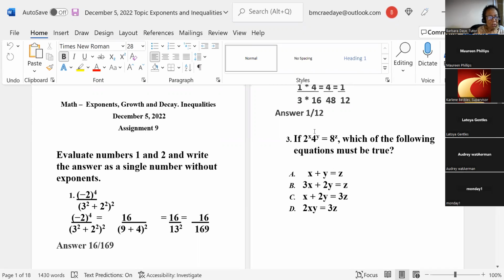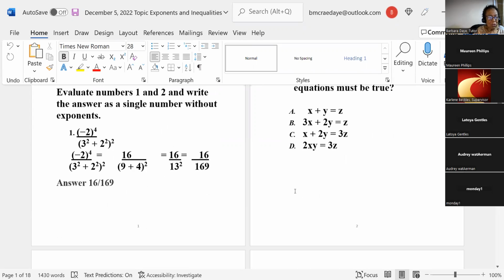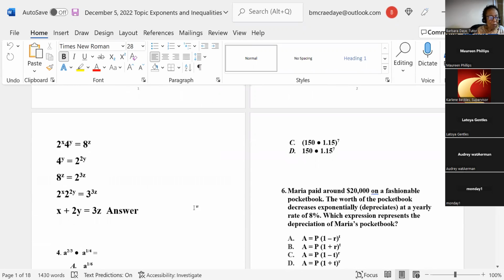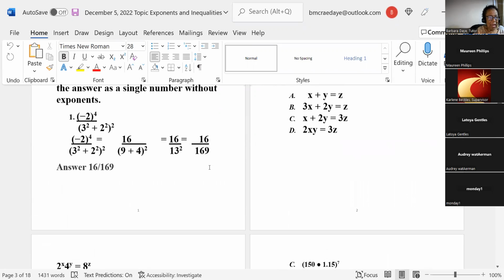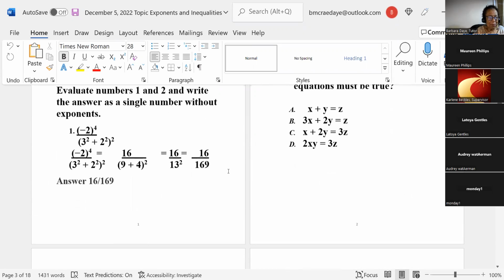So all you do is substitute your 4 by 2 to the second, substitute your 8 by 2 to the third, but you keep those variables. Then you just apply your rules of exponents. What do you do when you multiply? Add the powers. Any questions? So that's answer C. Questions on problem number 3?